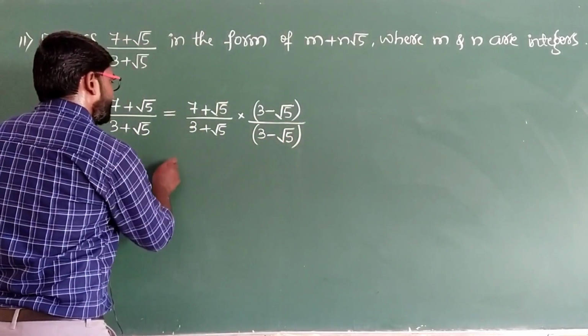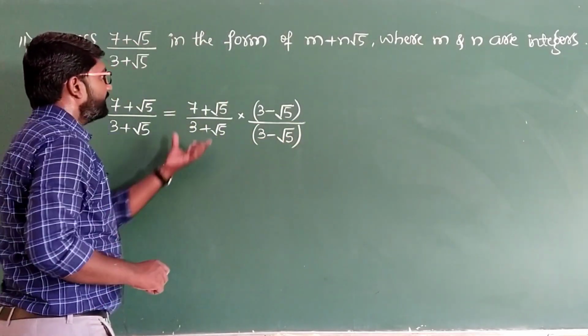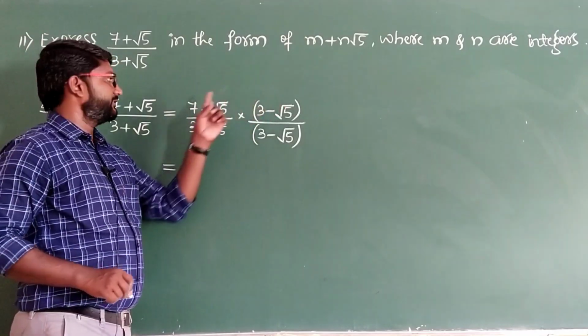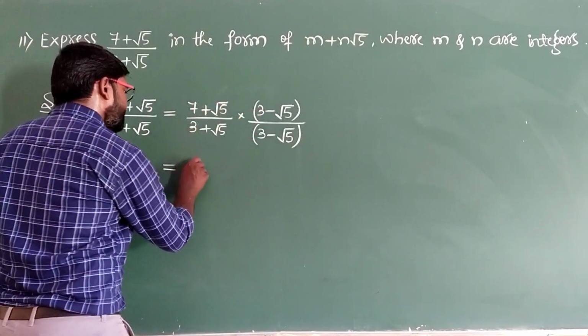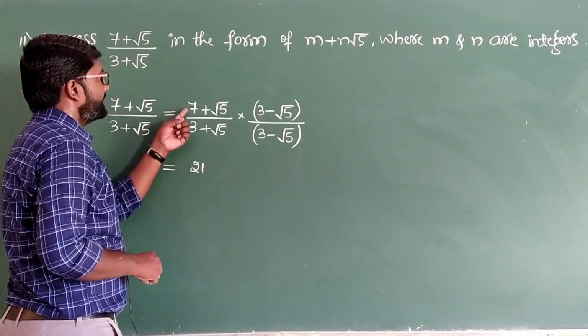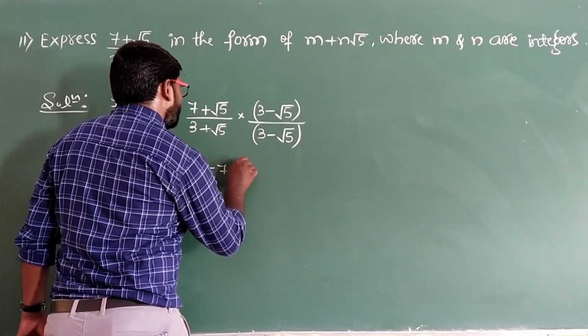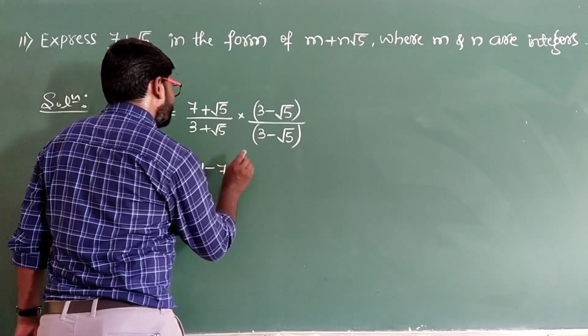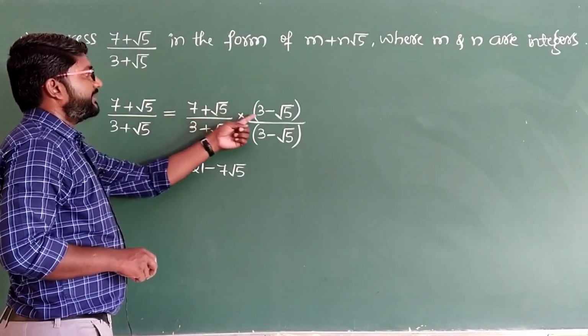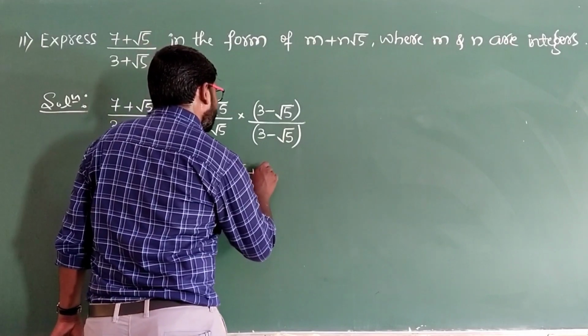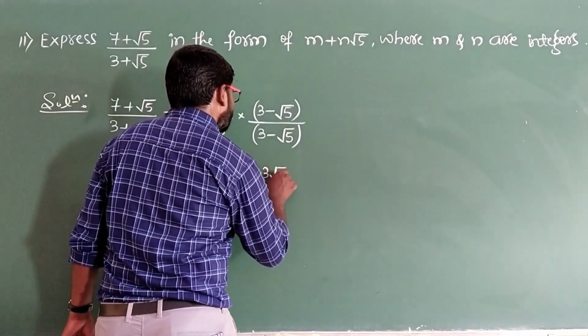Now we have to multiply these two sides. 7 into 3 is 21. Then 7 into minus root 5 will be minus 7 times root 5. Then multiply these two, now we get plus 3 times root 5.